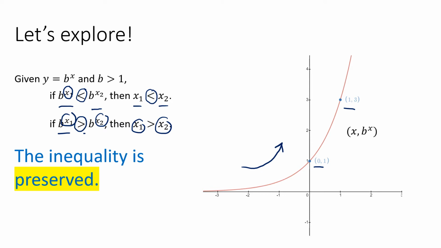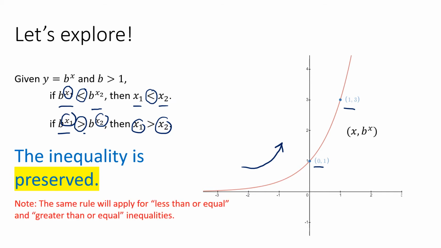When you relate b to the x1 and b to the x2 with less than, the exponents will also follow the same inequality. Note that this rule applies even for less than or equal, or greater than or equal inequalities.